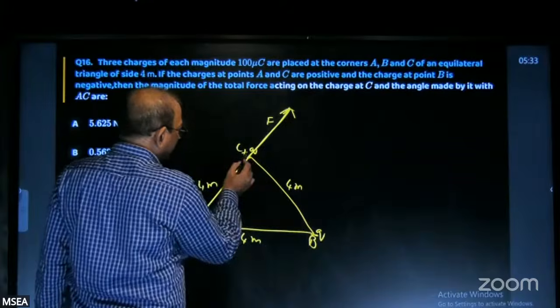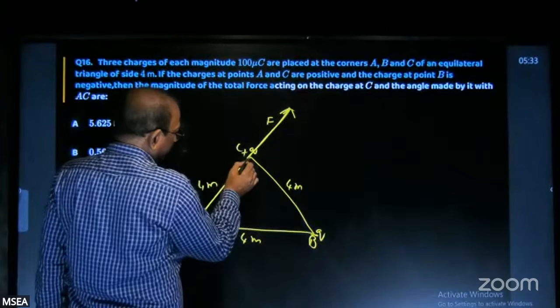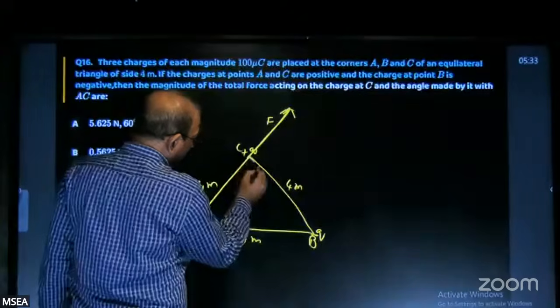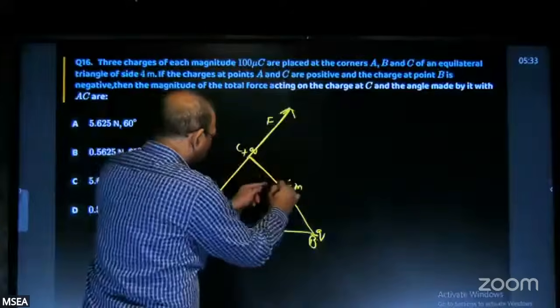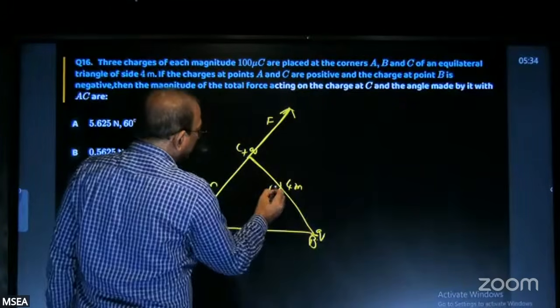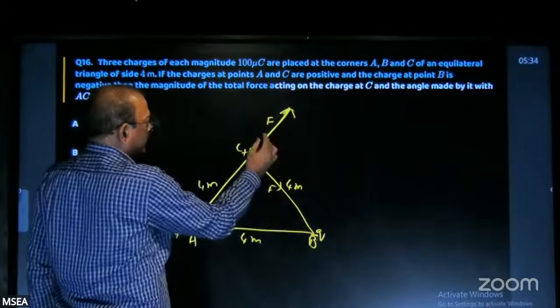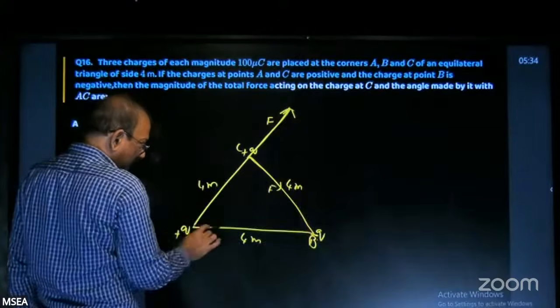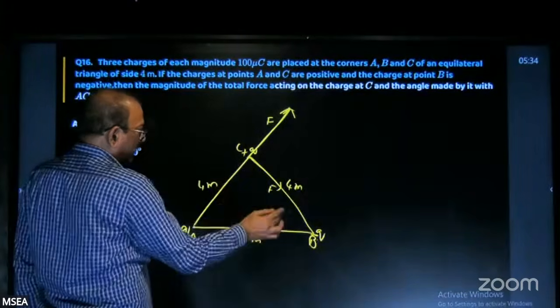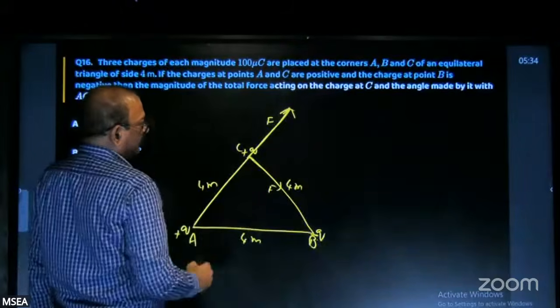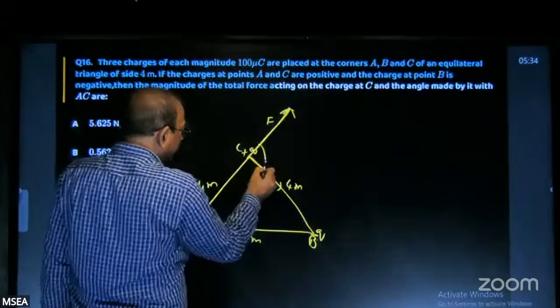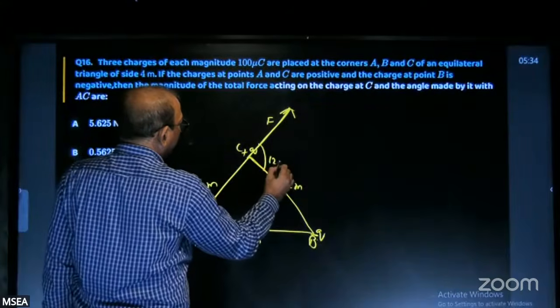This negative charge will attract the plus Q which is at C. That attraction force applied by minus Q on plus Q will act towards this, that is also F only. These two forces are equal because the charge magnitudes are the same and the distance is the same. And these two forces are inclined by 120 degrees.